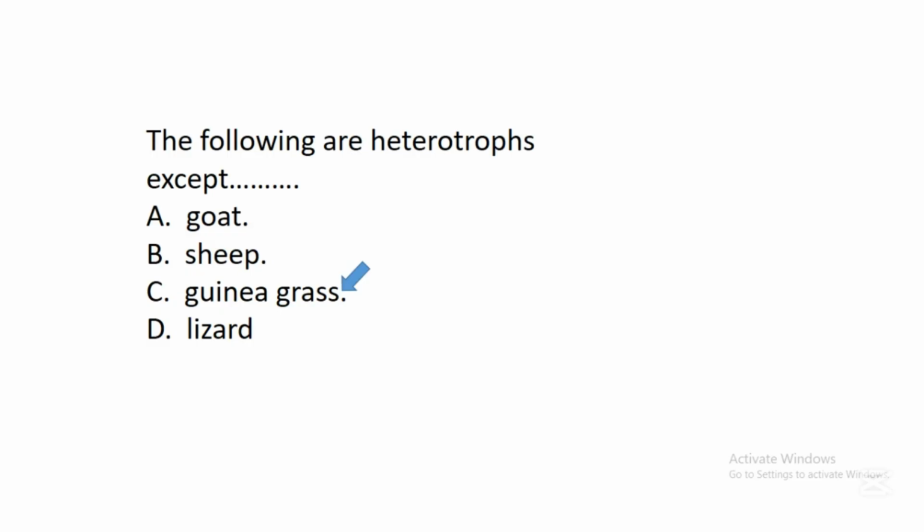Heterotrophs are those organisms that depend either directly or indirectly on plants for food. And these organisms such as goat, sheep, lizard depend on plants either directly or indirectly for food. But guinea grass is a plant, an organism that can manufacture its own food through a process known as photosynthesis.